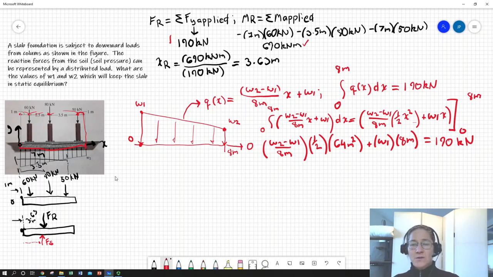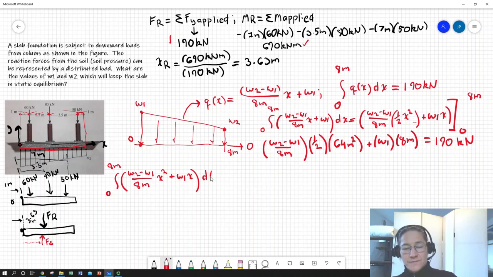We know that the resultant moment, 690 kilonewton meters, is going to have to be the integral from 0 to 8 meters of q(x) times x. So this time we're going to integrate (W2 minus W1) over 8 meters times x squared plus W1 x dx.